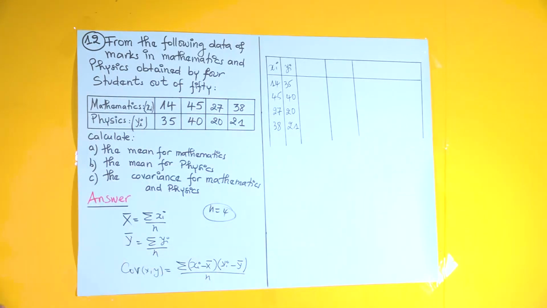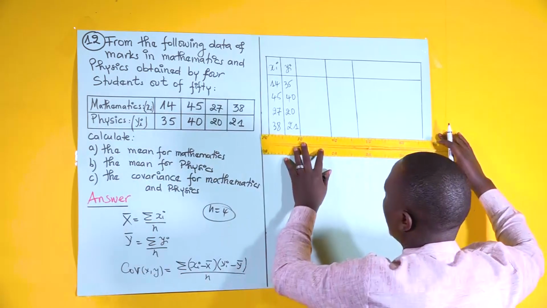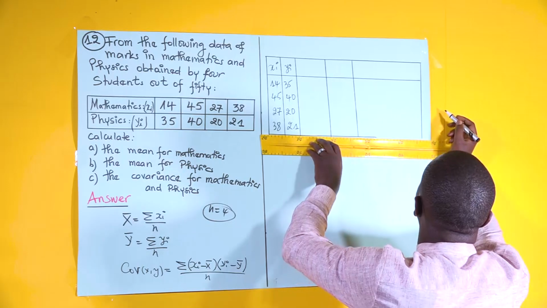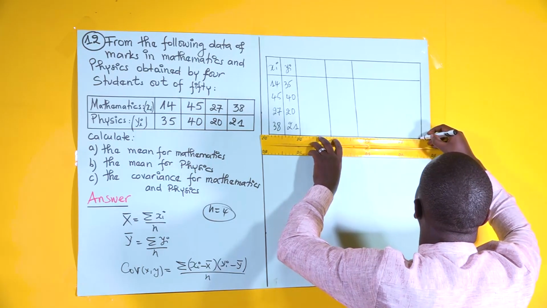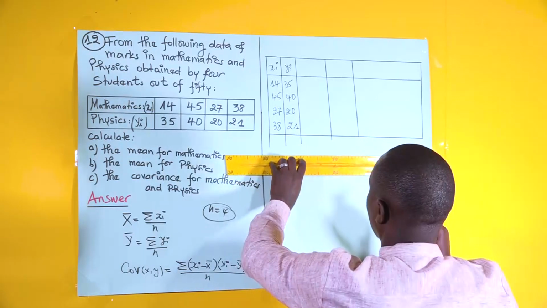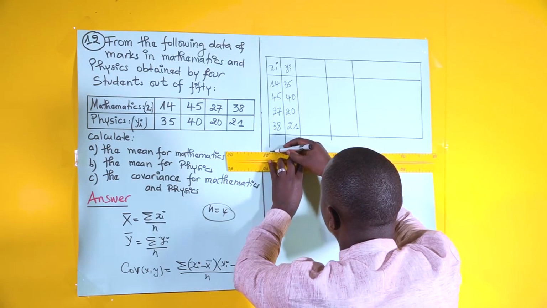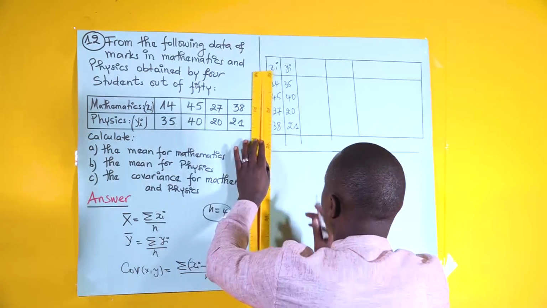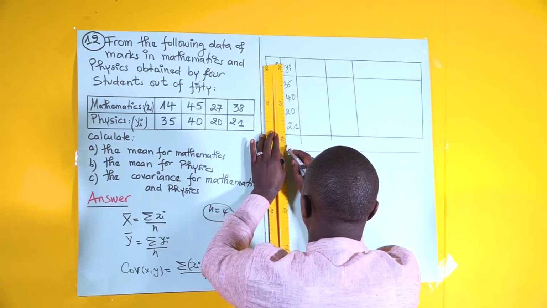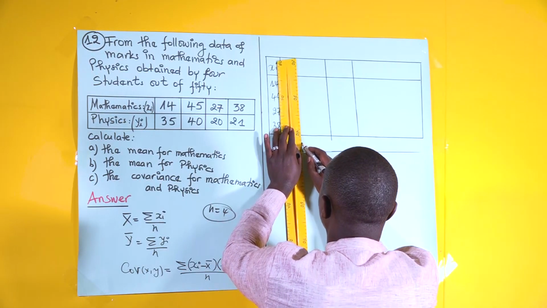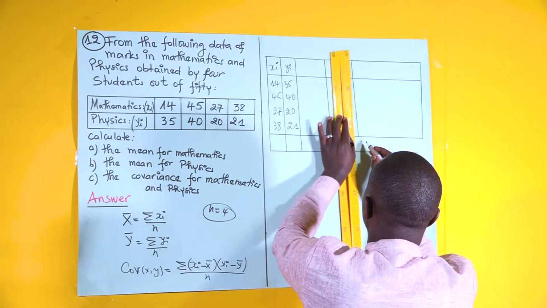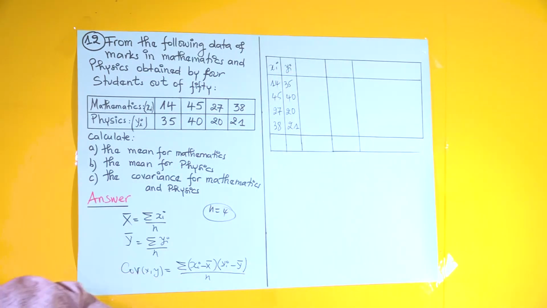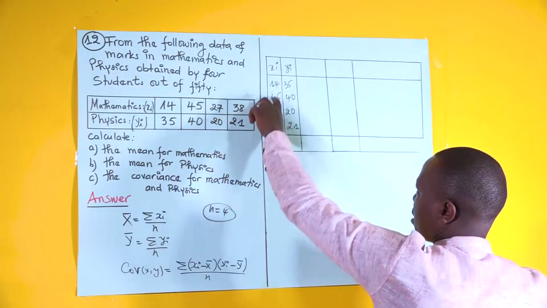So we need to find the summation of xi and yi.